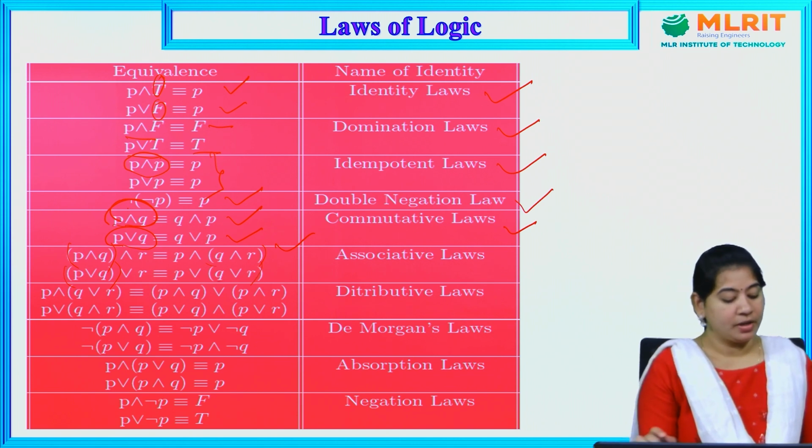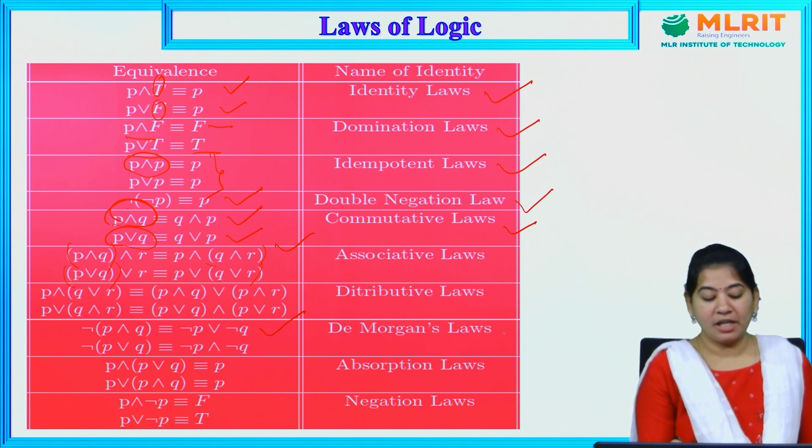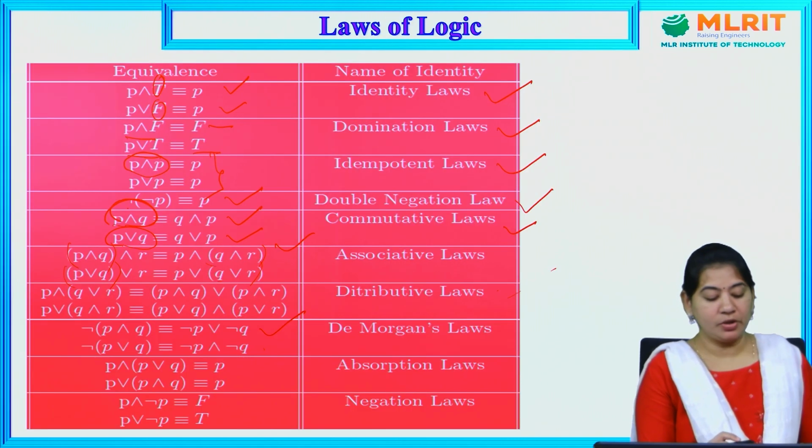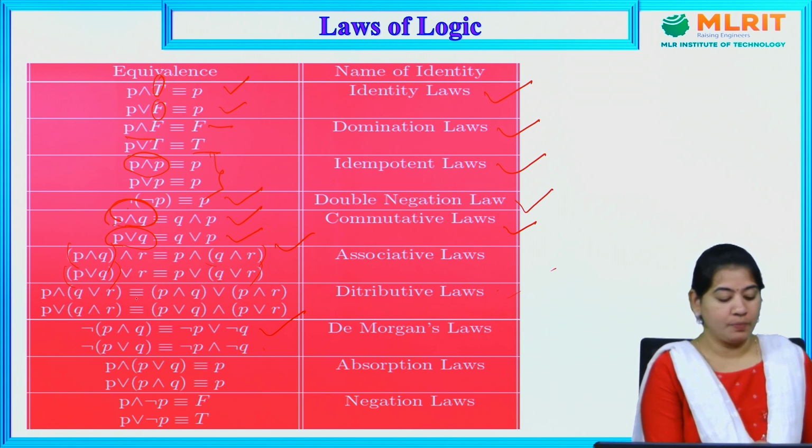Next, negation of (P and Q) is equivalent to negation P or negation Q. This is De Morgan's law. Negation of (P or Q) is equivalent to negation P and negation Q. Next we also have the distributive law. P and (Q or R) is logically equivalent to (P and Q) or (P and R).